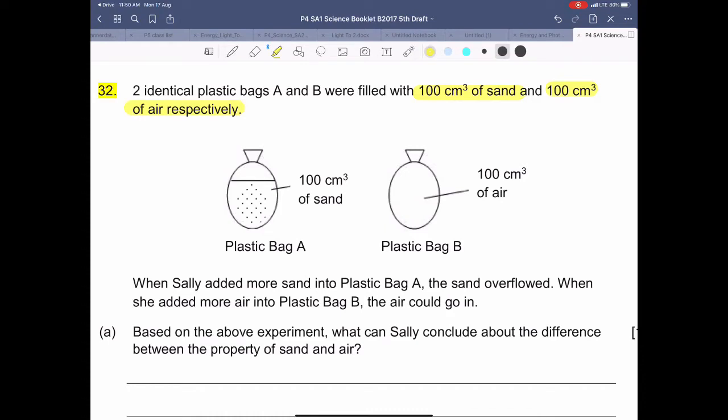So the 100 cm cube of sand refers to bag A because bag A was mentioned first. And then the 100 cm cube of air refers to bag B because bag B was mentioned second. So this is the meaning of respectively. Okay?